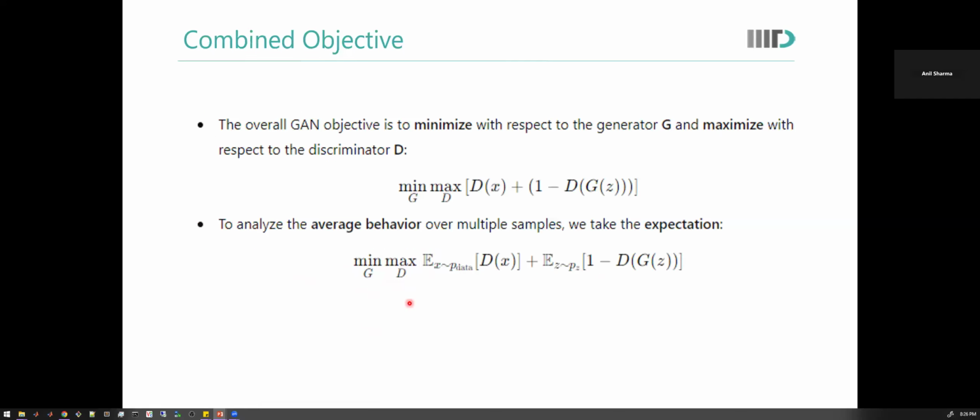So what we are doing is combining both of them. The overall GAN objective is to minimize with respect to the generator and maximize with respect to the discriminator D of x plus 1 minus D of G of z. This is the final objective function, and this is for one sample.